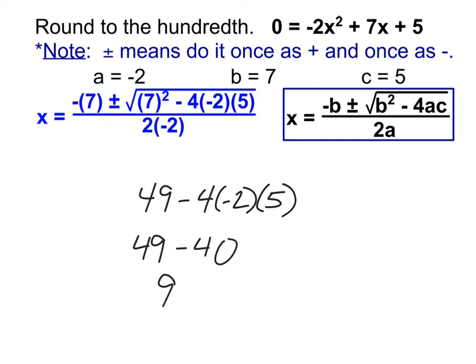Remember that I said I did negative 4 times negative 2. This is one of those things where, after all those years of experience of seeing people do these exact problems, I can say, if you want to avoid errors, treat that as 4 times negative 2 times 5 and keep the subtraction there.